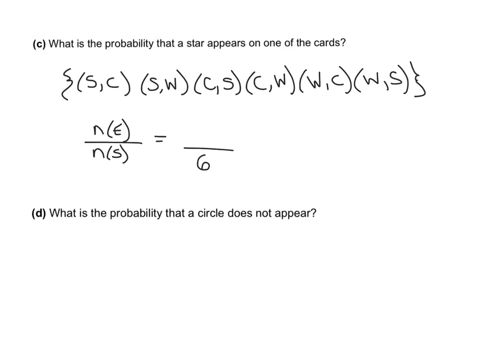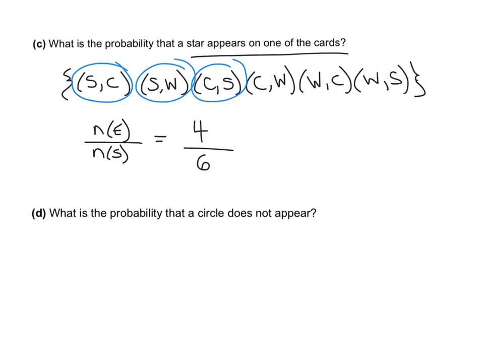NE is the event that a star appears on one of the cards. And this was our answer to part B. We said that a star appeared 1, 2, 3, 4 times. So NE is 4. My probability is 4/6, but I want to write fractional probabilities in reduced form.